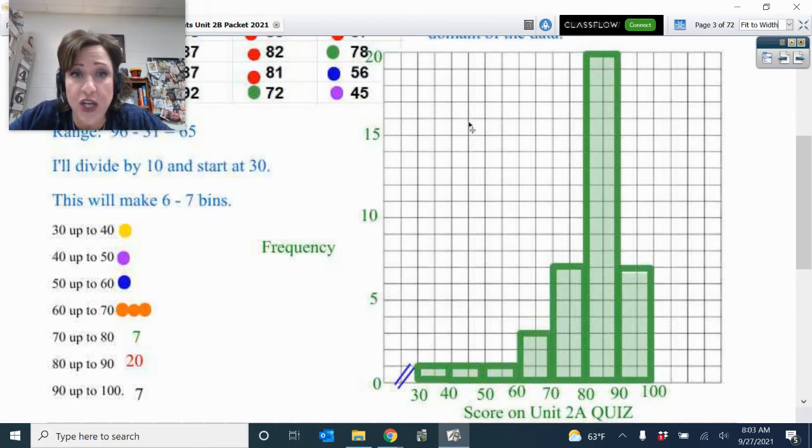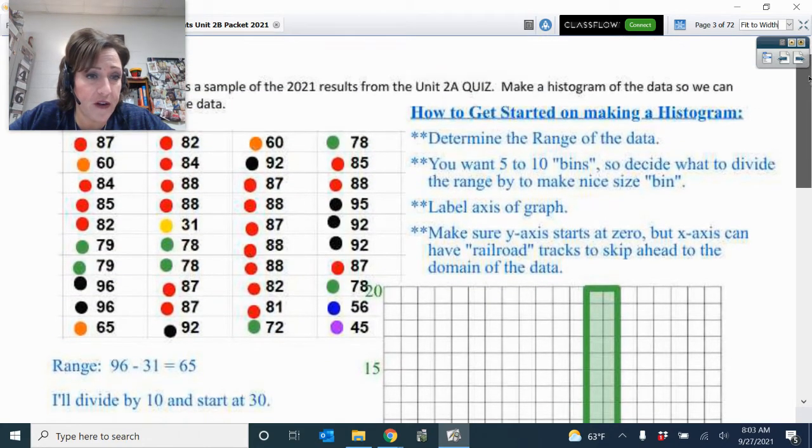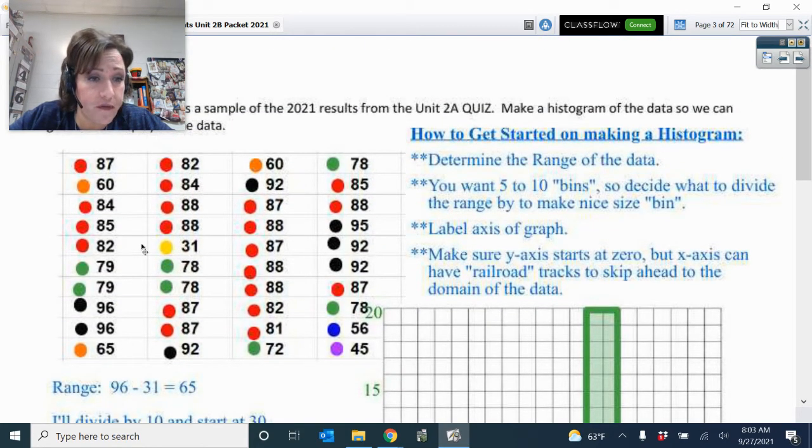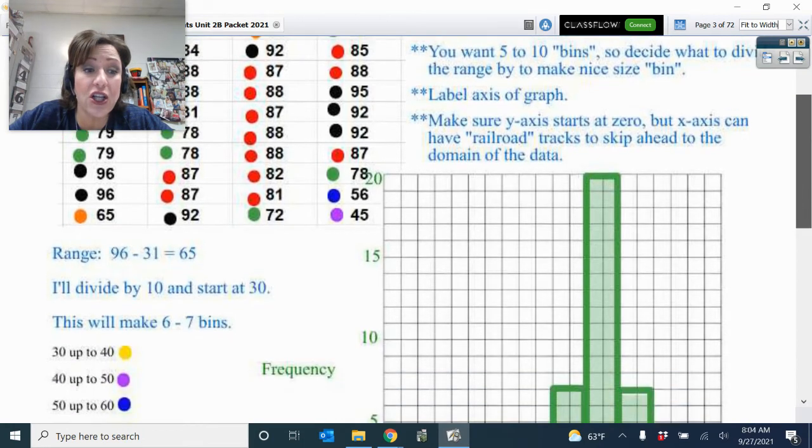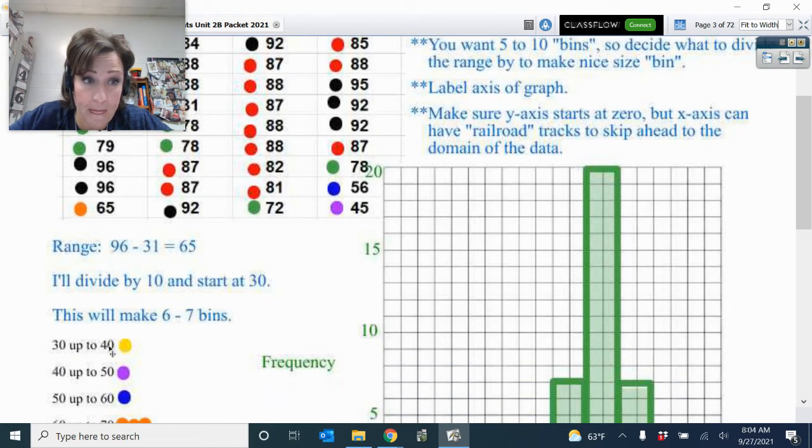Now, I don't know how I want to do the y-axis labeling yet. I have to see what's the bin with the largest number of items in it. So I come over here and start figuring things out. I see from 30 to 40, I'm going to have 31 up to 40, not including 40.